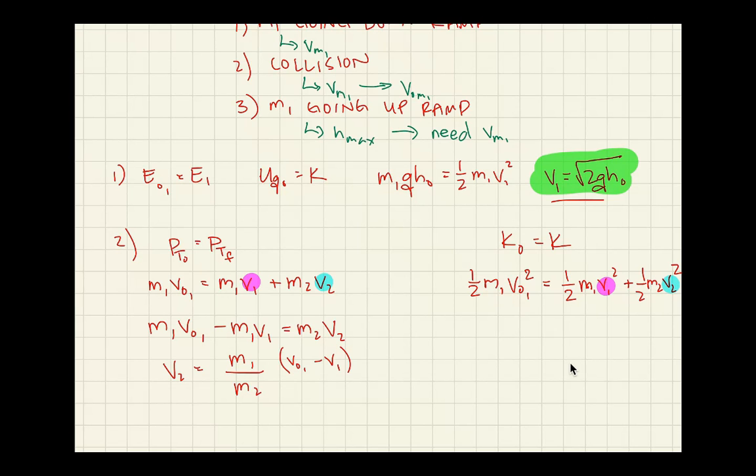Going back to my kinetic energy equation now, I'm going to substitute that in for my v2. So my kinetic energy here will be 1/2 m1 v01 squared equals 1/2 m1 v1 squared plus 1/2 m2 times m1 over m2 times v01 minus v1, all of that squared.